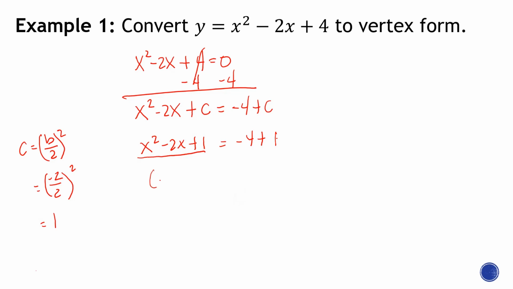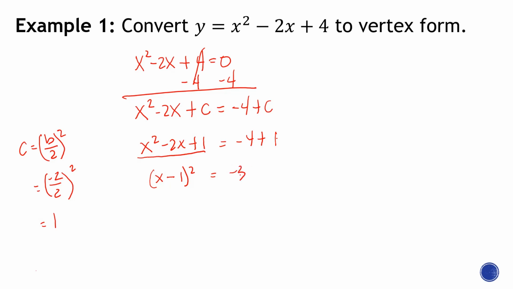The other form of that is x, and whatever the sign of the middle term, that will be your sign there. So if it's plus, it's going to be plus. Since this is minus, you put minus. And then find the square root of 1, which is 1 squared. So x minus 1 squared equals negative 4 plus 1, which is negative 3.